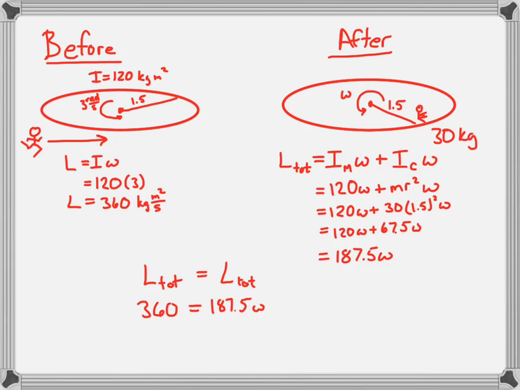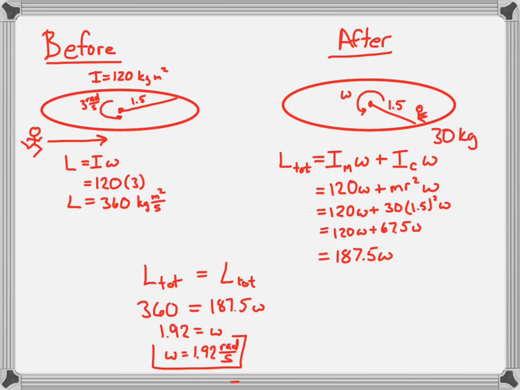If I do a little number crunching here, I get 1.92. So 1.92 equals omega, which tells me that after the child jumps on, the new angular speed is 1.92 radians per second.